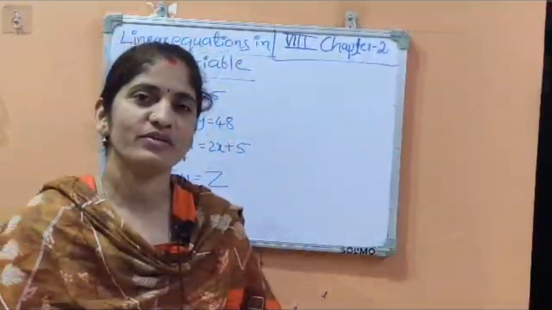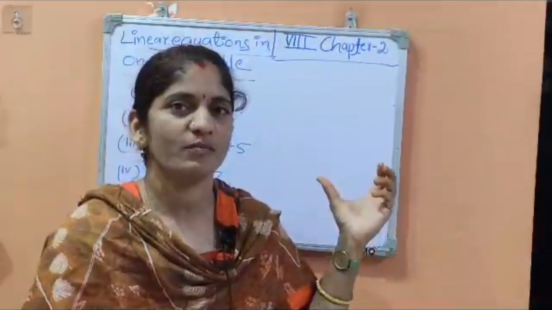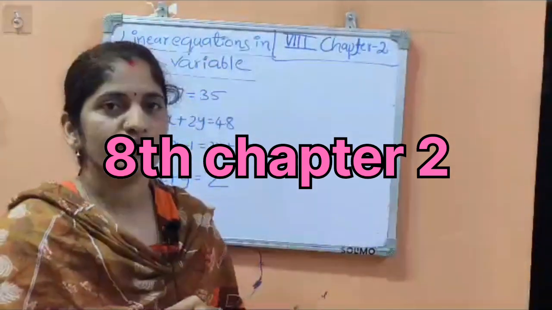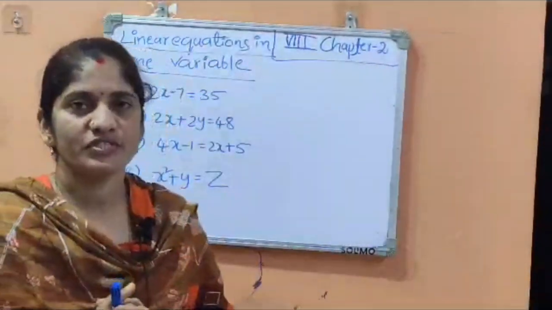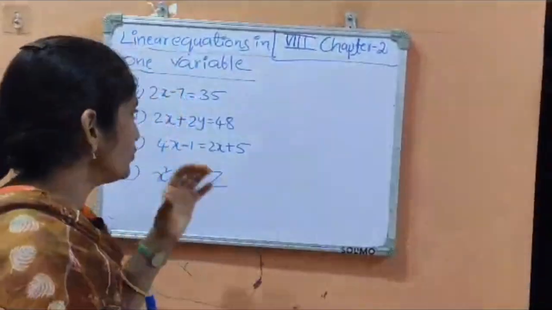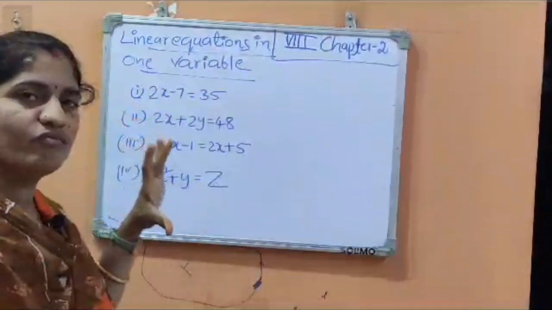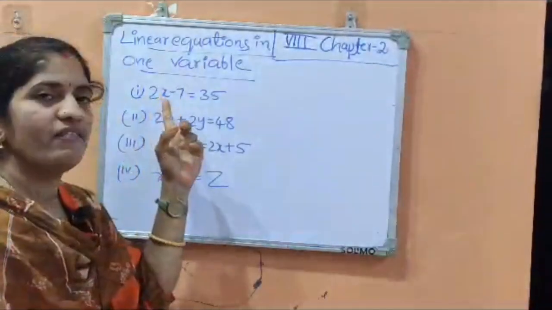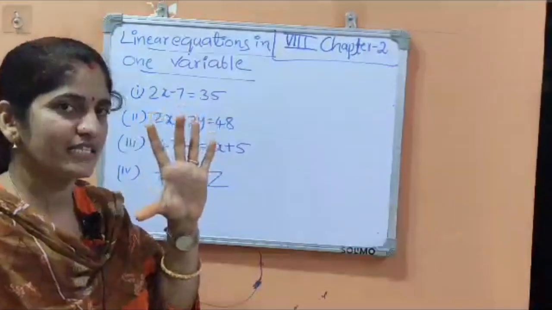In today's class we are going to discuss 8th class mathematics chapter 2, that is linear equations in one variable. So what are linear equations, we are going to discuss now. If we consider these four equations, observe carefully. Equation 1 has only one variable, that is x.